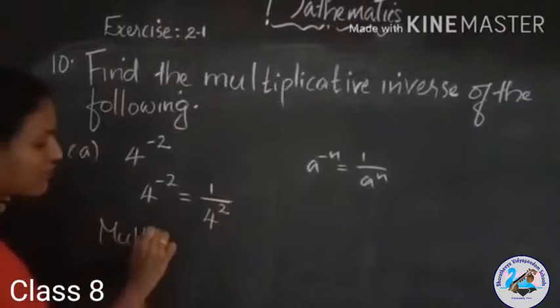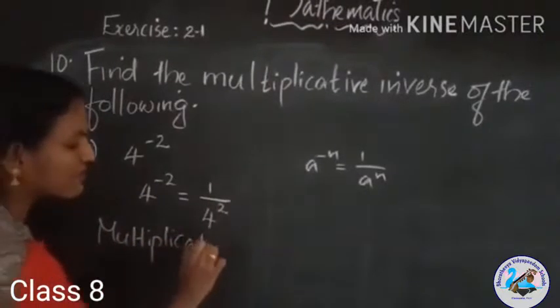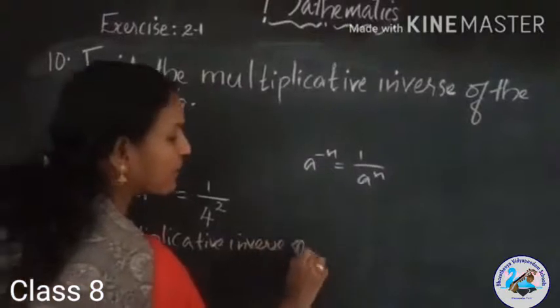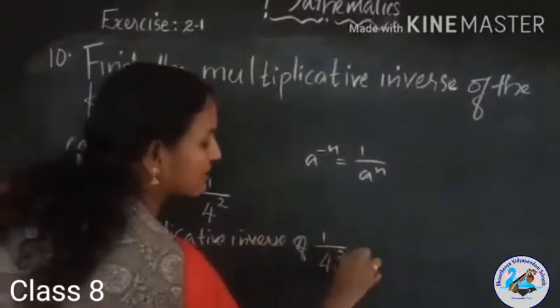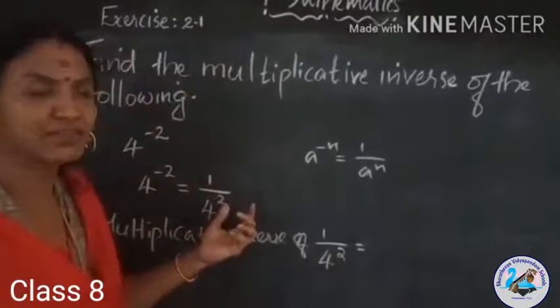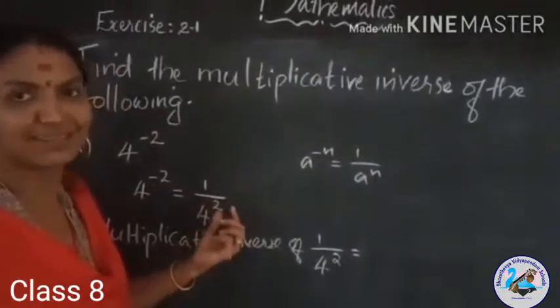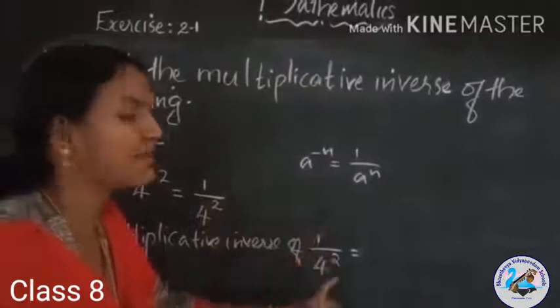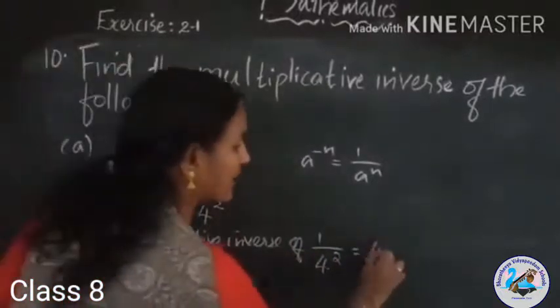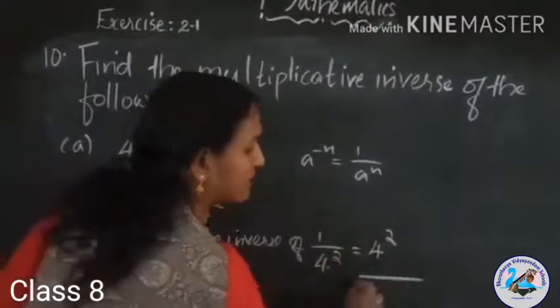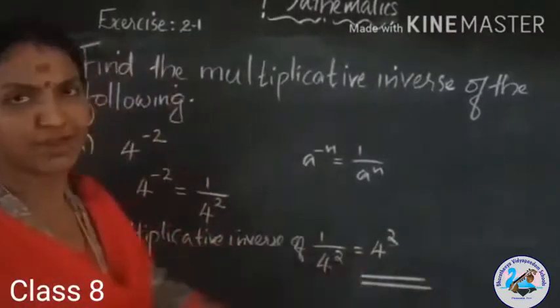Multiplicative inverse means the reciprocal; they are the same. The reciprocal of 1 by 4 square is 4 square. So the answer is 4 square.